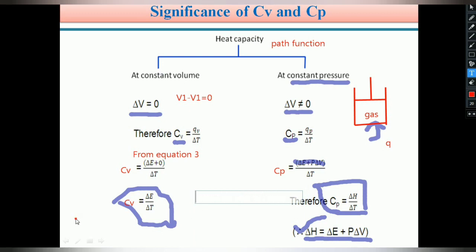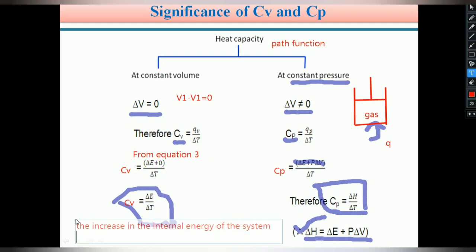So Cv is defined as the increase in the internal energy of the system with temperature, which is nothing but heat capacity at constant volume.